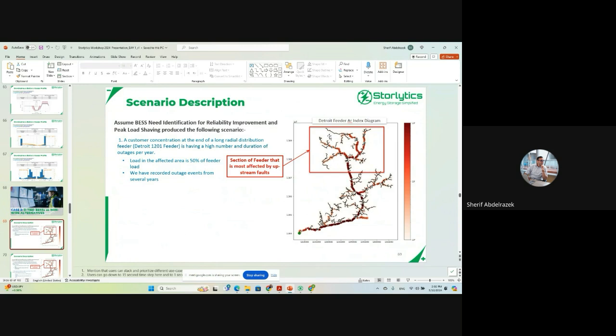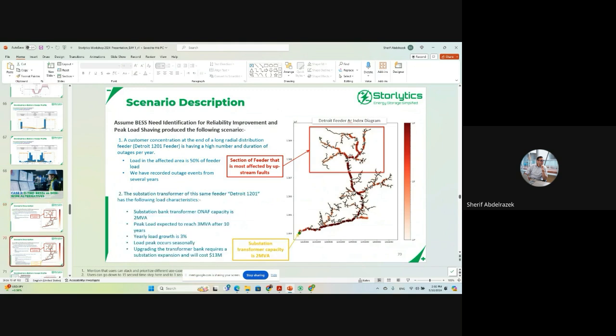The load concentration here, we're saying that's 50% of the load on the feeder, okay? We have recorded outage events from several years, so we know at a high level how often and how long outages are, rather.